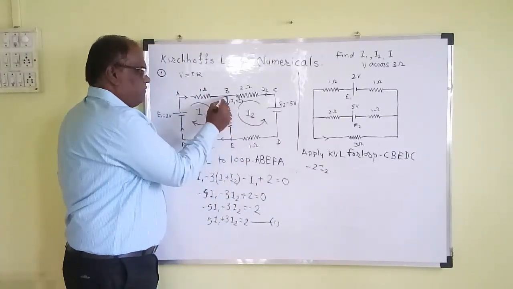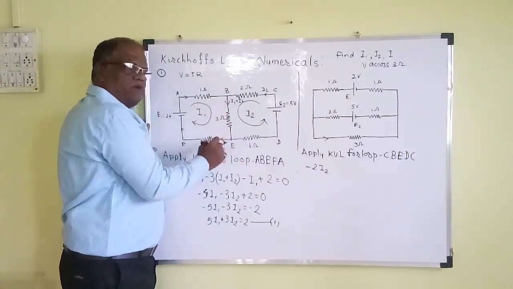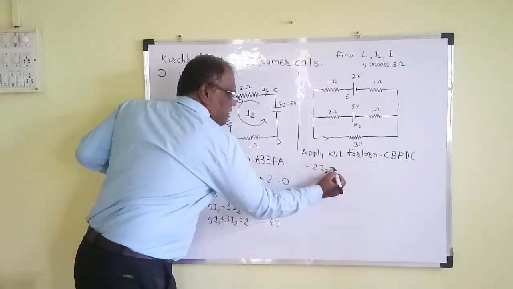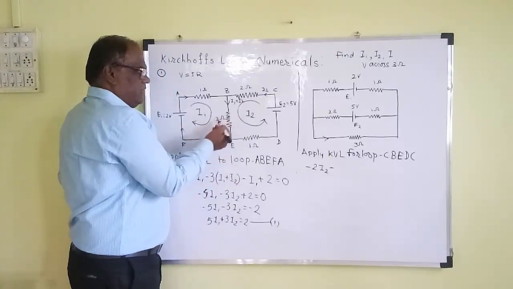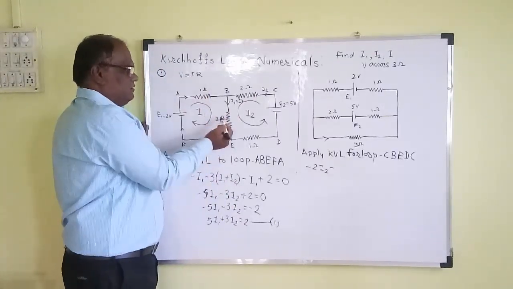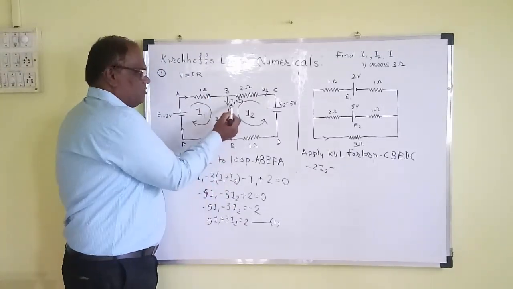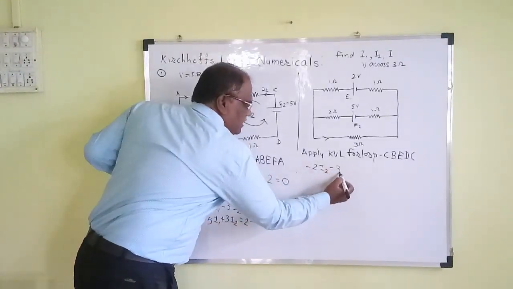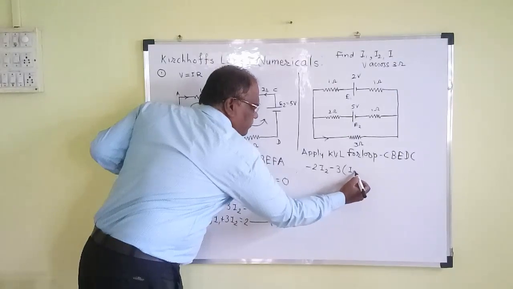Again from B to E, again we are moving in the direction of current. Write the negative sign, minus. Take the product of current and resistance. Total current is I1 plus I2, minus 3 times I2 plus I1.